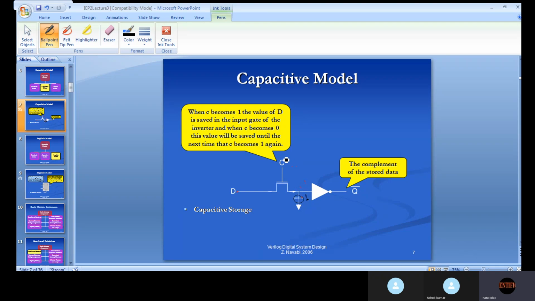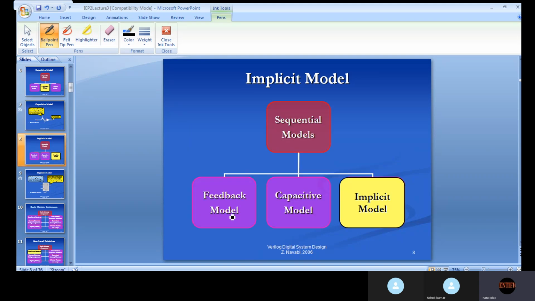Even if the switch is turned off, even if it is an open circuit, the D value will be stored in this capacitor. Until when? Until the switch is closed again and fresh data is received, the previous value will be stored here. Q bar is nothing but the complement of the stored data. This is called capacitor storage.